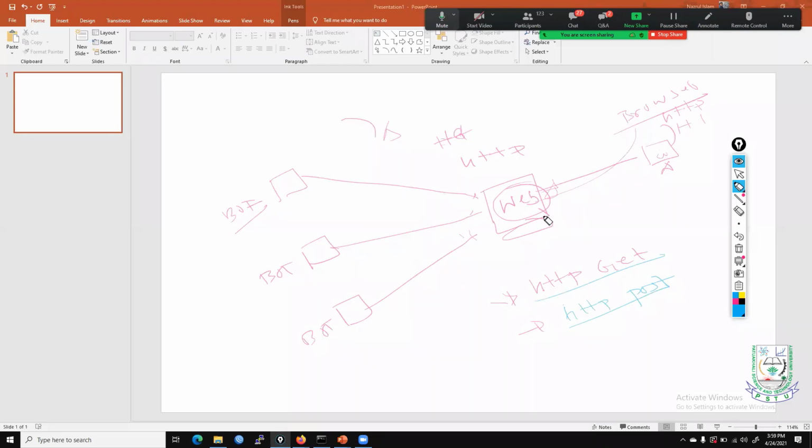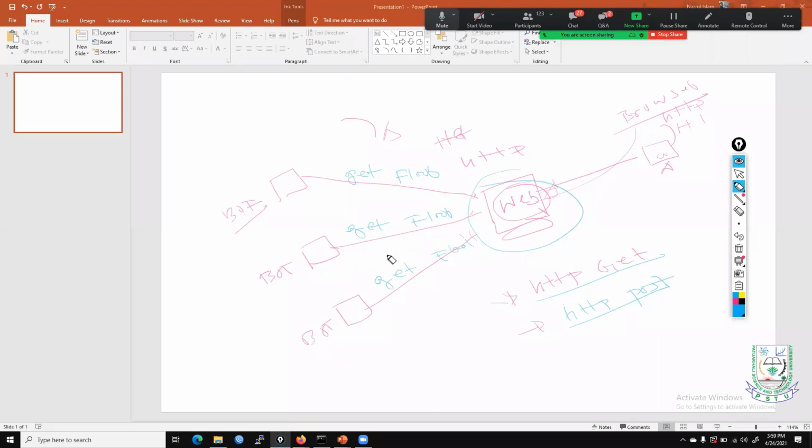What does the attacker do when an HTTP flood attack happens? It sends lots of HTTP GET requests, a GET flood, to the web servers, right?